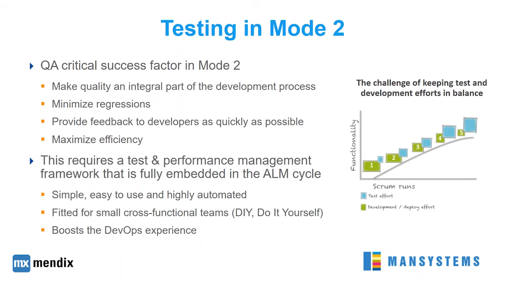How can you effectively make testing part of that very dynamic way of delivering your applications, and make it a critical success? Because of course, when delivering applications fast, you also need to be able to test in a very fast way, make quality and testing part of your development process, and minimize your regressions.